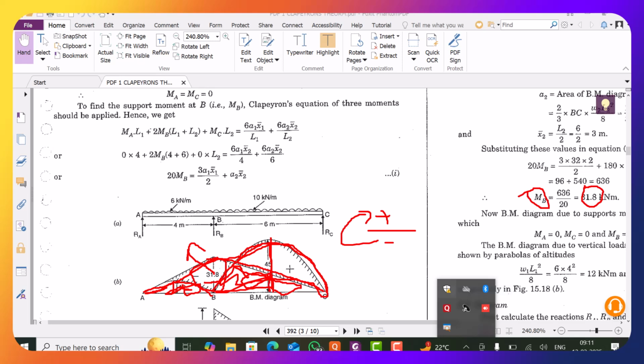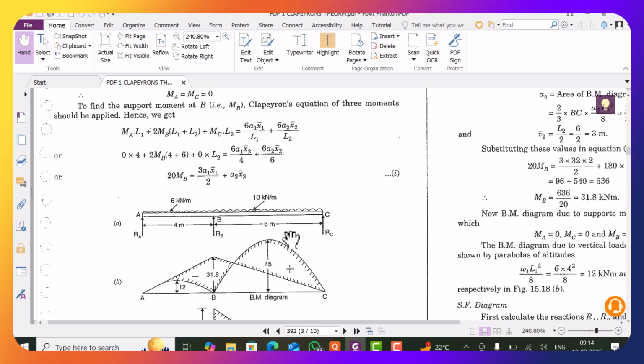In this way, if in practice you want to design the beam, you should design for 31.8 as the hogging bending moment and 45 minus this ordinate, and you will get this net positive sagging bending moment. So this way you have to superimpose the bending moment diagrams and analyze such indeterminate beams.